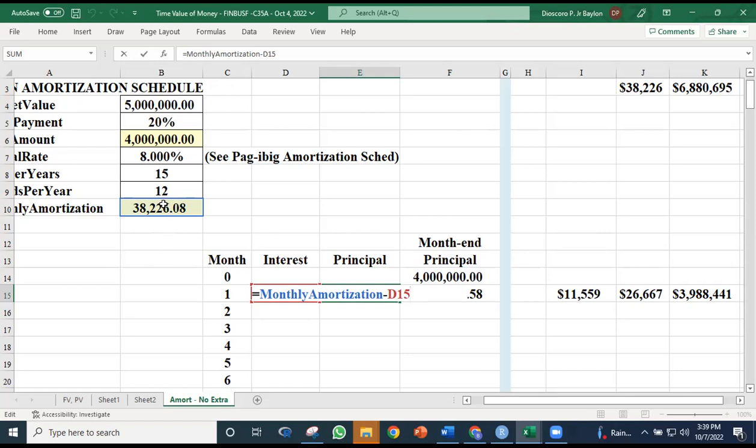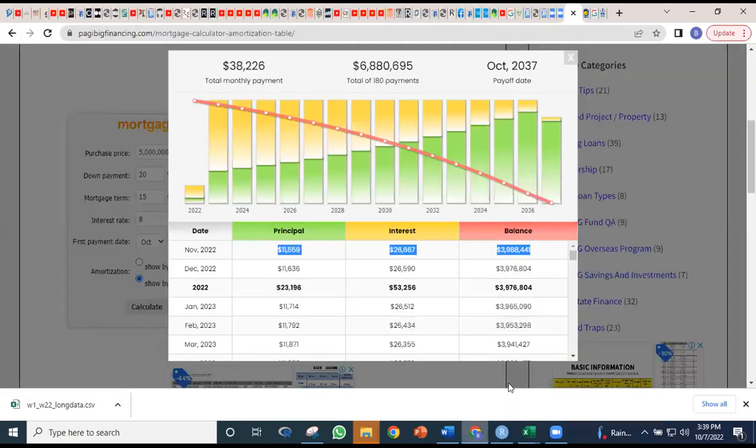So kasi magkano babayaran natin every month? 38,226. We will subtract interest para kung ano yung natitira, dun papasok yung principal. Which incidentally, I think I forgot to discuss this. So dito yung green, guys, yung binayad sa principal. You notice at the onset, sa simula, sa early years, mas malaking binabayad sa interest, that this yellow column.